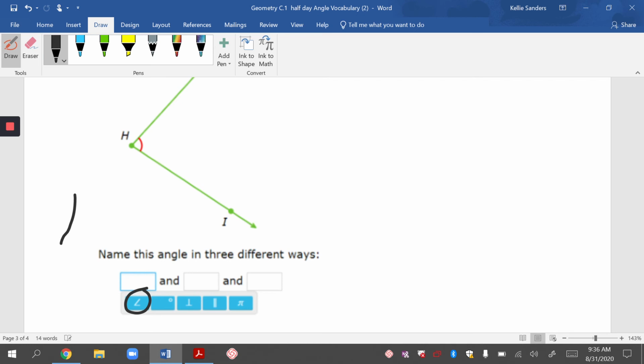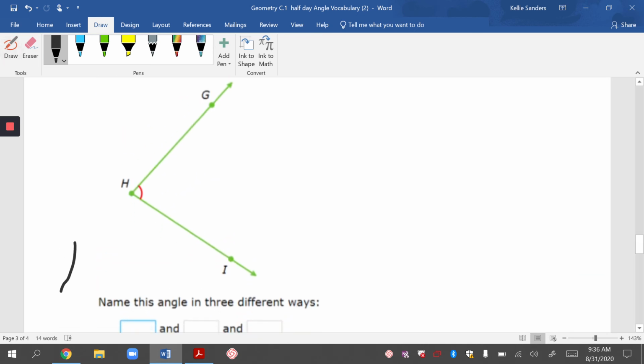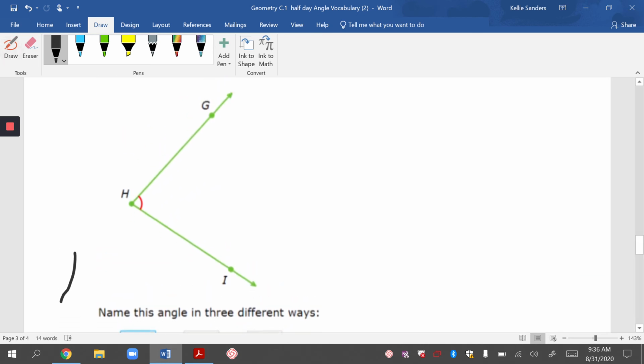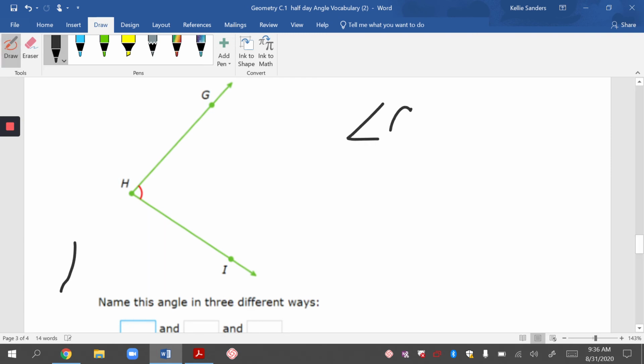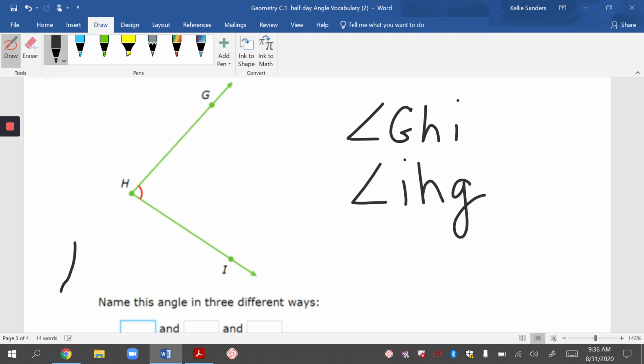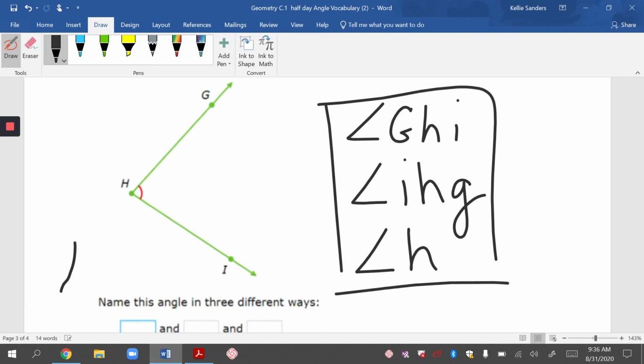So let's make sure we know what angles we have. Angle GHI, angle IHG, or angle H. All three of those will go in those boxes.